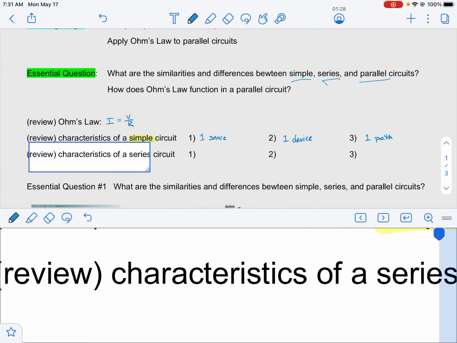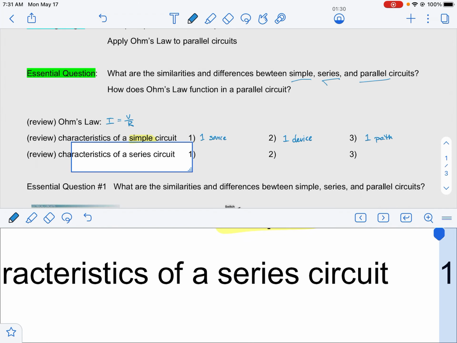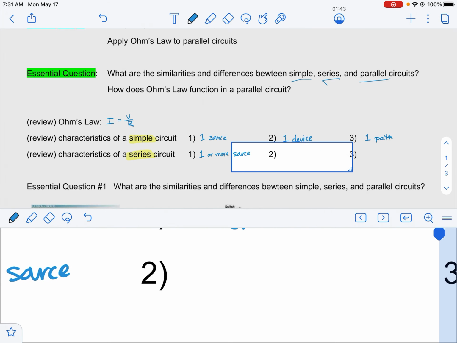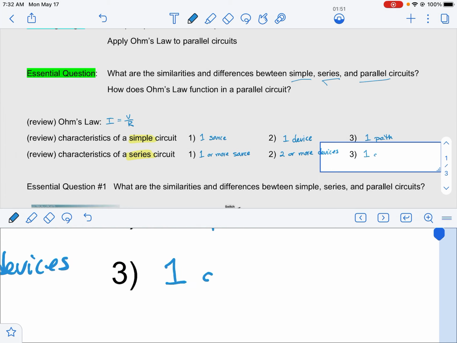Our third review here is the characteristics of a series circuit. So a series circuit has one or more sources, has two or more devices, and still only has one path.